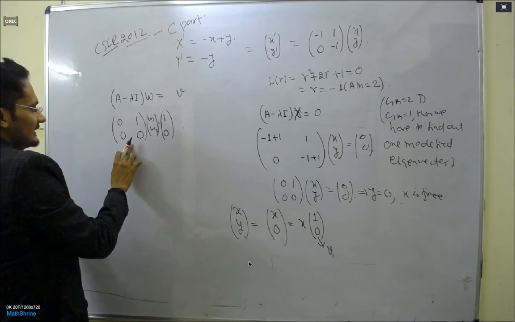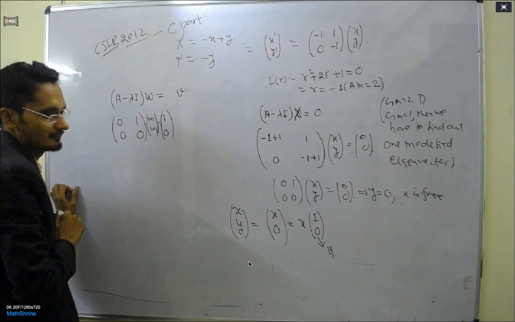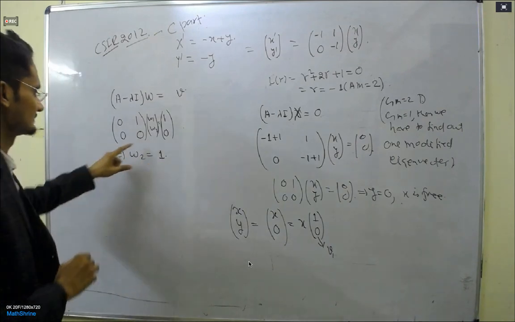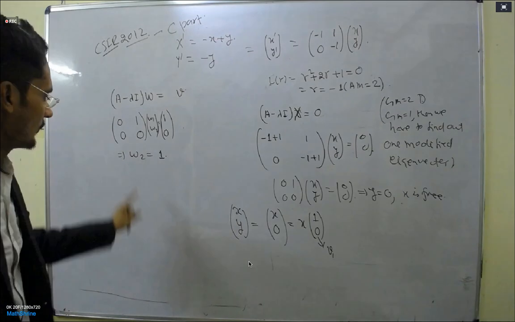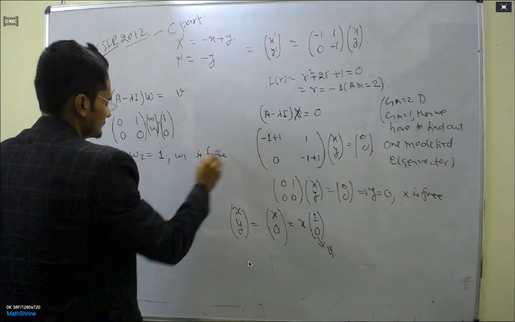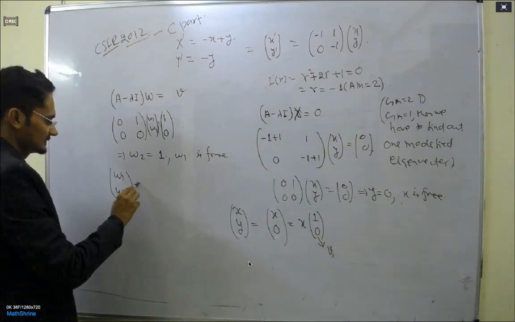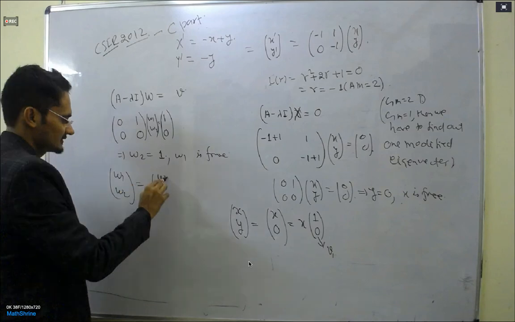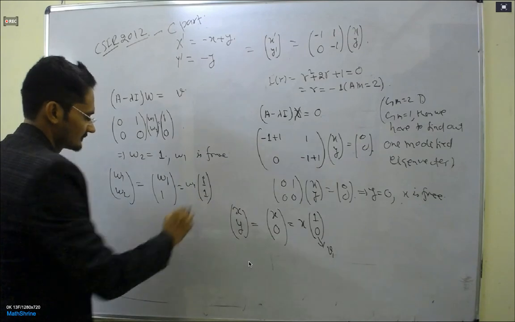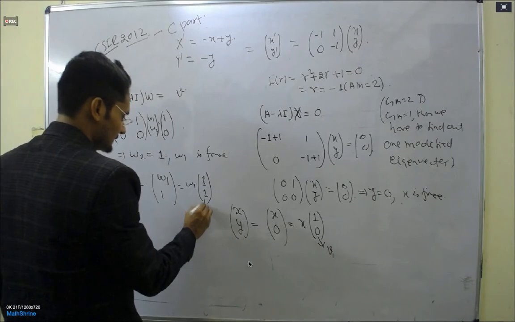What is the solution? The solution will be x comma y is equal to C1 V1 e raised to the power minus 1 t plus C2, tell me, t times V plus W into e raised to the power minus t. All right.